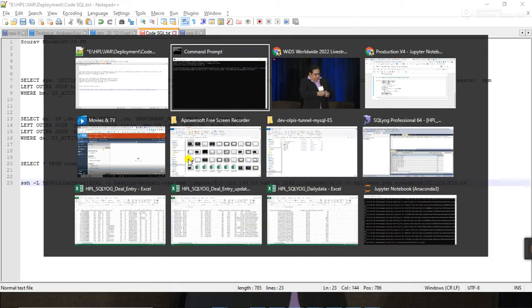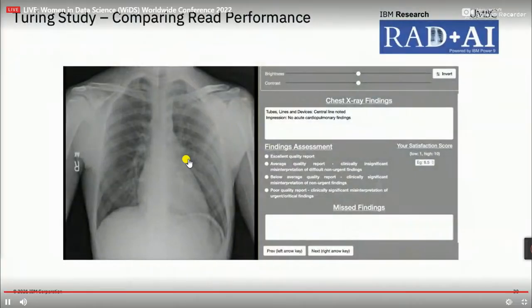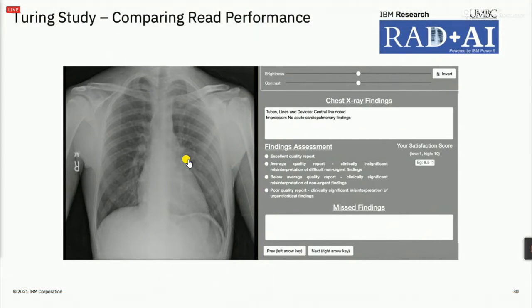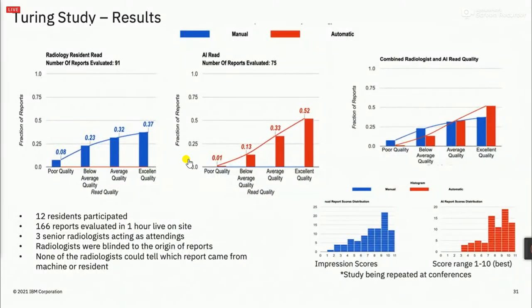And the kind of results that they were looking for is to see if they are quality from a diagnostic purpose, whether it's an excellent quality report. So these are criteria that the American College of Radiology also uses. And then a perception score, in some sense, of the satisfaction for how well you are satisfied with the report that you have. And then we were watching the distributions as the numbers were coming in. And we hoped and prayed that our numbers would look better.